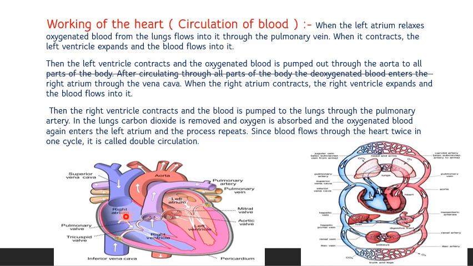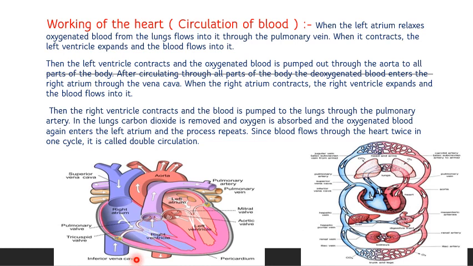The right atrium receives deoxygenated blood from the body tissue via the superior vena cava and inferior vena cava. Got it? The blood enters the right atrium, which pumps the blood into the right ventricle.